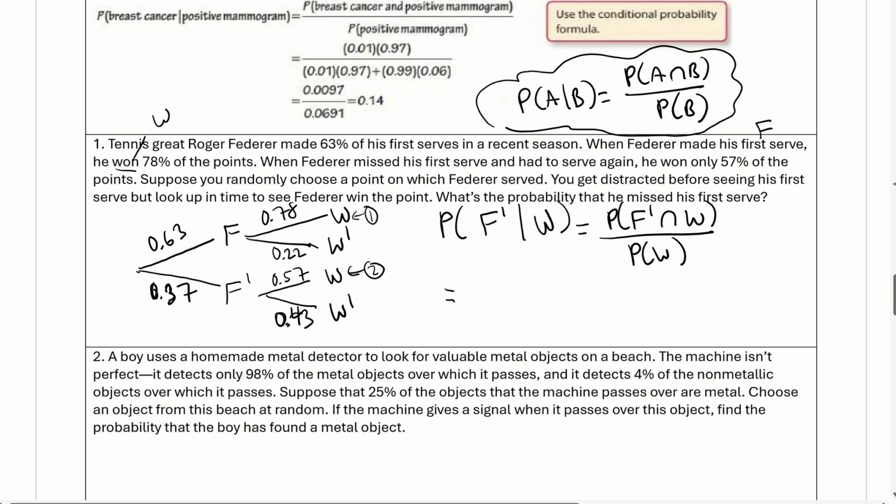So in the numerator, you're going to do 0.37, which is the bottom one, times 0.57. So that's where he misses and he wins, right? That's the first part. And then divided by, on the bottom, you got to do the number 1 and 2 pathways. So 0.63 times 0.78 plus 0.37 times 0.57.